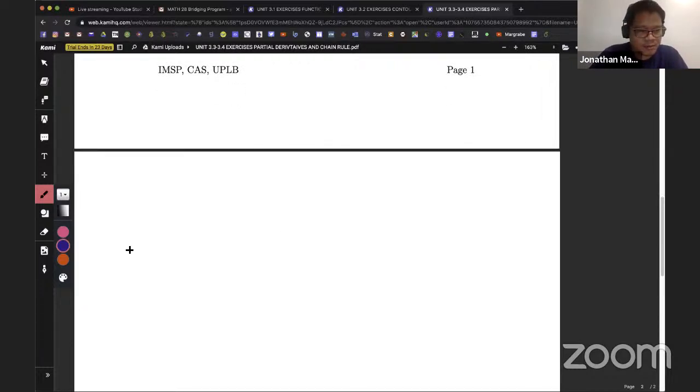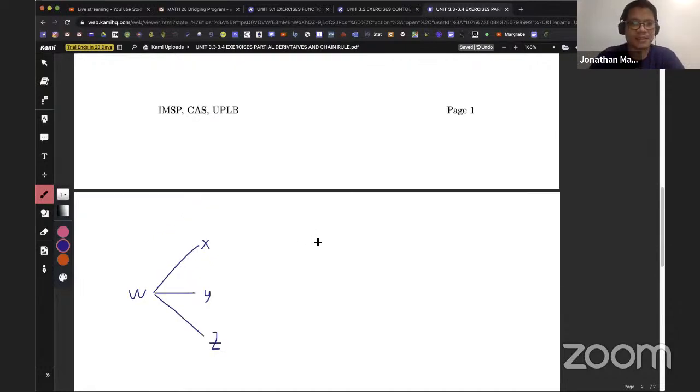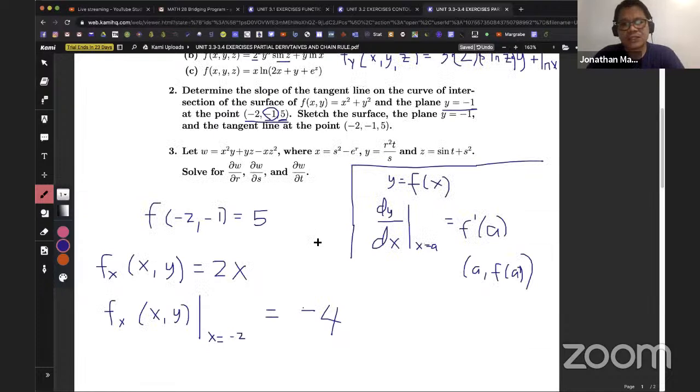Si w, okay, tingnan natin sa tree diagram, si w ay functions of x, y, and z. Balikan ko lang. Si x ay function of s and r.